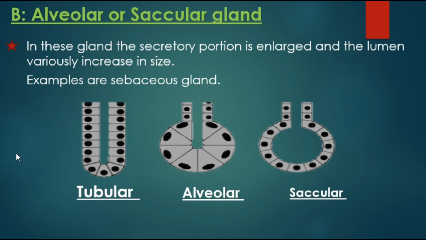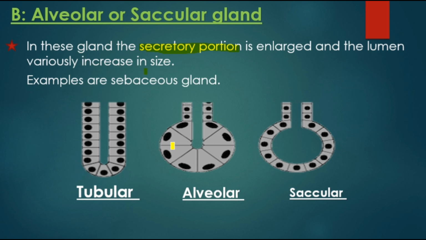The next one is alveolar glands or saccular glands. So what is an alveolar or saccular gland? In these glands, the secretory portion, meaning the part from where the secreted substance or hormone is secreted, is enlarged, and the lumen, meaning the cavity, variously increases in size.